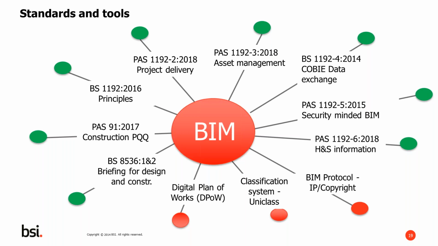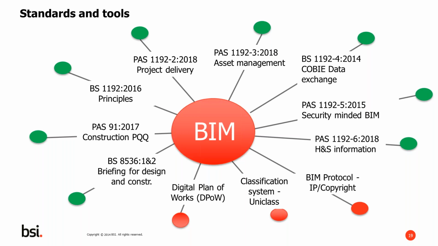And then also BS 8536 Part 1 and Part 2, so there are 2 standards there, which is all around the handover of information from design and construction through to asset management. And Parts 1 and 2 focus on buildings and infrastructure separately.